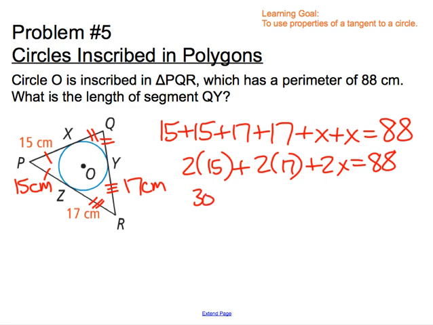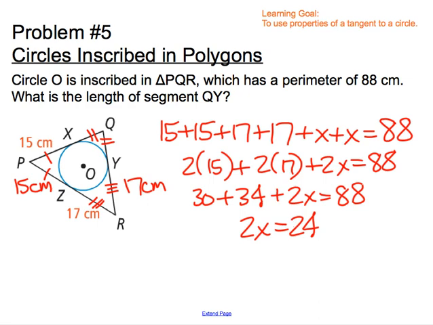So we have 30 plus 34 plus 2x has to equal 88. So we get 2x has to equal 24. And if that's the case, then x must equal 12. So each of these segments has a length of 12 centimeters. So now the length of segment QY must be 12 centimeters.